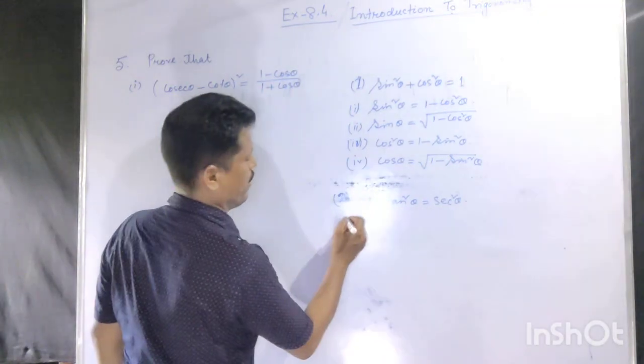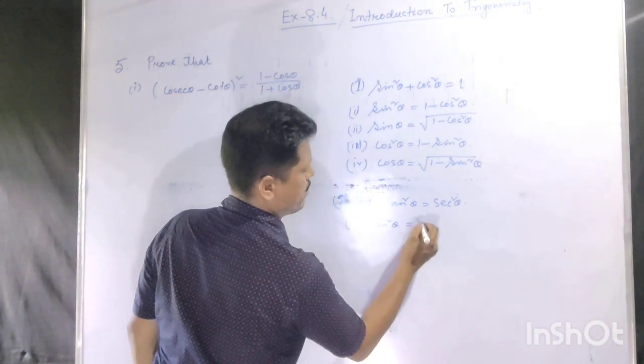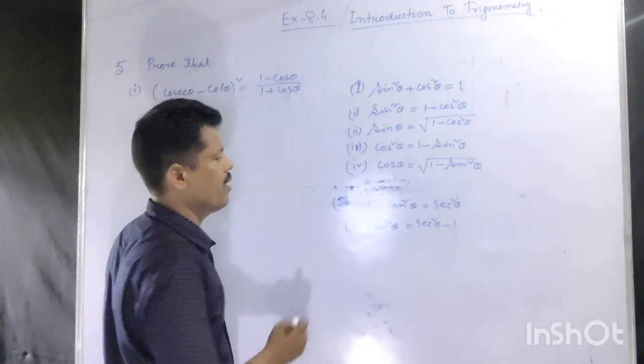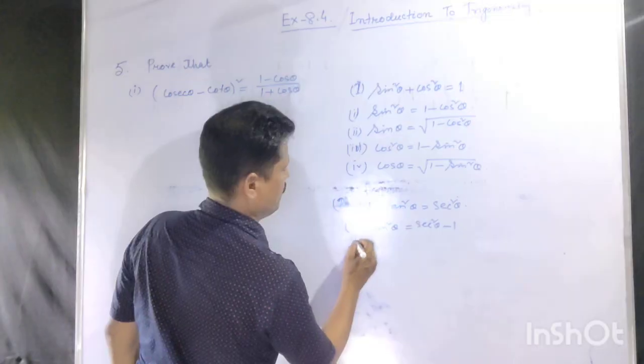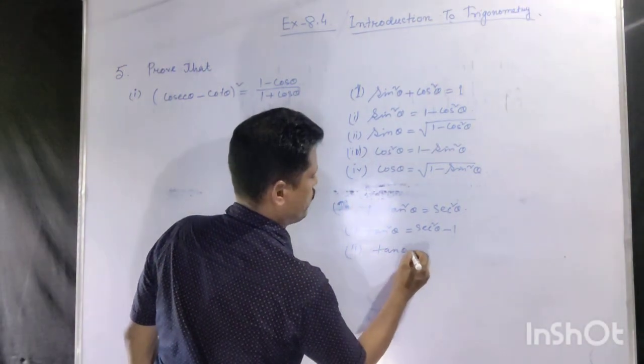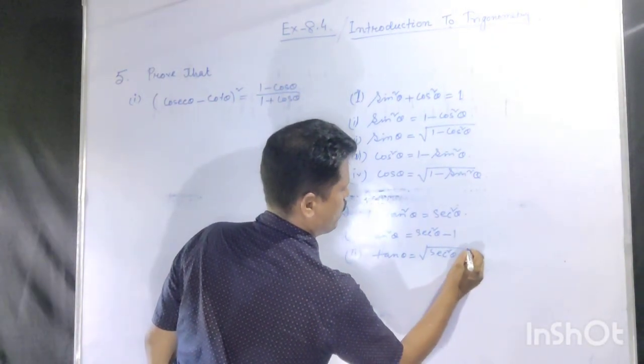Or we can write this, tan square theta is equal to sec square theta minus 1. And tan theta is equal to under root sec square theta minus 1.